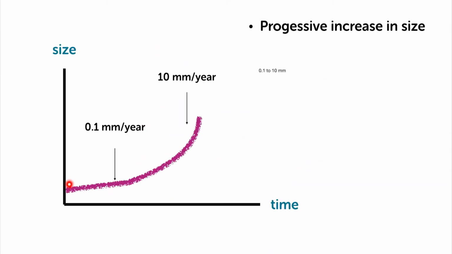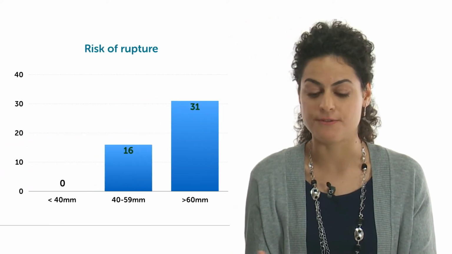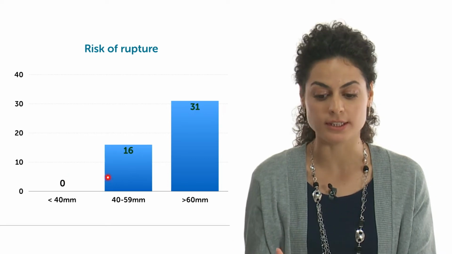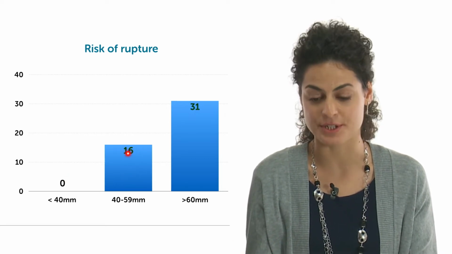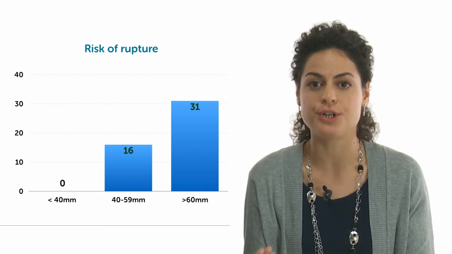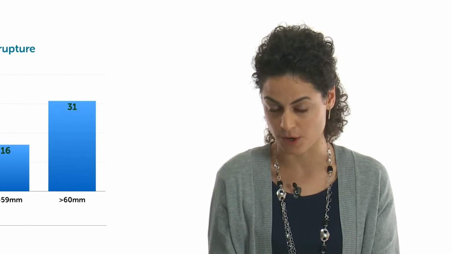So the further you get in this region of the curve here, the more rapid will be the progression of aortic dilatation. And the diameter of the aorta correlates with the risk of rupture. So for instance, if the diameter is between 40 and 59 millimeter, the risk of rupture is 16%, but goes up to 30 and more percent when you have more than 60 millimeter of aorta.